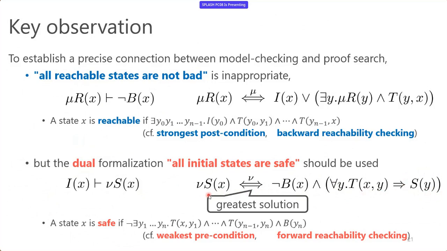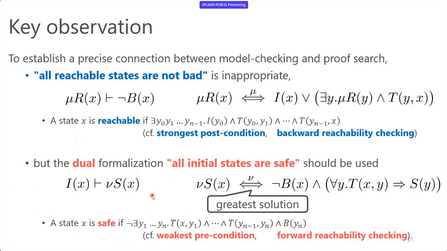So the set of safe states is defined co-inductively like this, and we can formalize the model checking problem as the problem of proving this goal sequent.